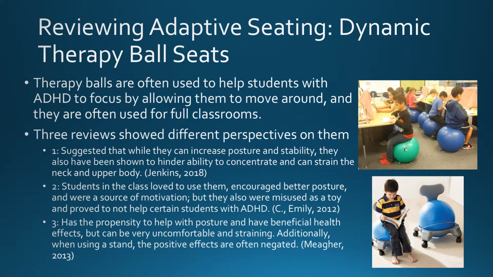So here it's suggesting that it can have those positive health effects, like in the upper picture, but when you put the stand on it like that, those positive effects no longer stand and can be beneficial. So clearly, this is just one example of adaptive seating, but even with the more extensive seating that you see for students who have CP, different researchers are constantly coming out with different views and research on the value and benefits that it may have for students.